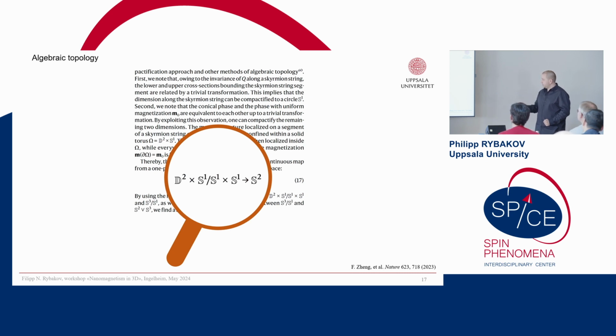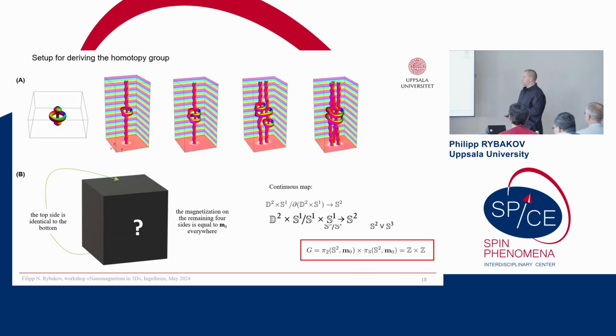The interesting, actually the remarkable thing here is the topological classification, and everything regarding topology is in this expression. So our task is to classify whatever texture, whatever example from A, and it could be many more examples.